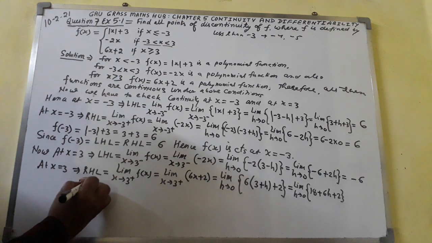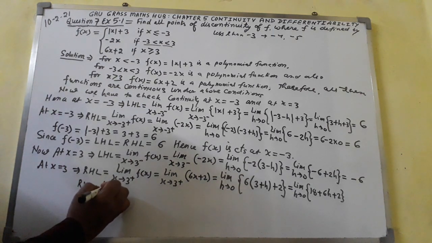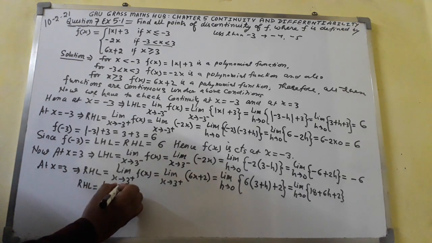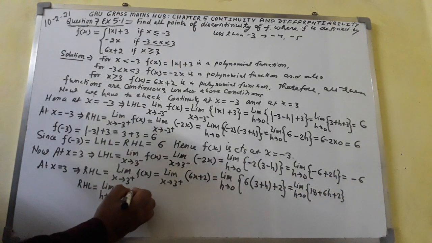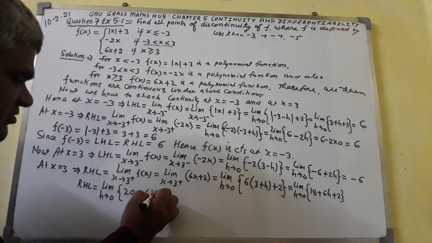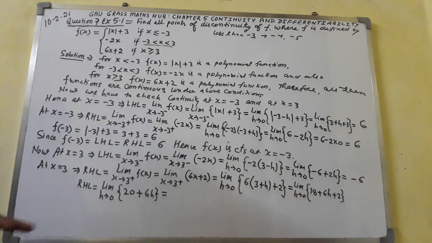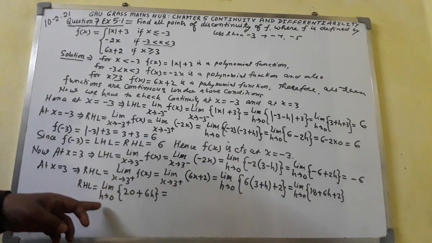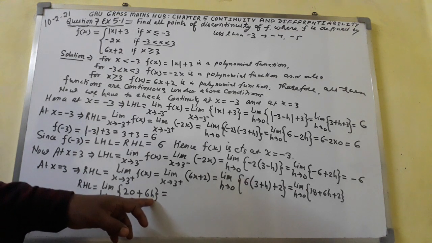So you will get the right hand limit equal to lim h tends 0, 18 plus 2 comes out to 20 plus 6h I shall write, equal to, remove lim h tends 0, so put the value h equal to 0 here.